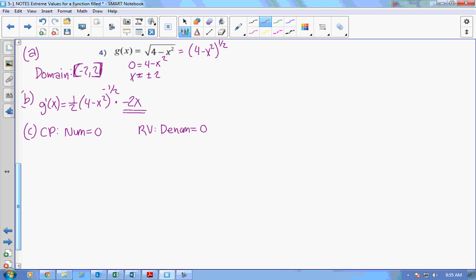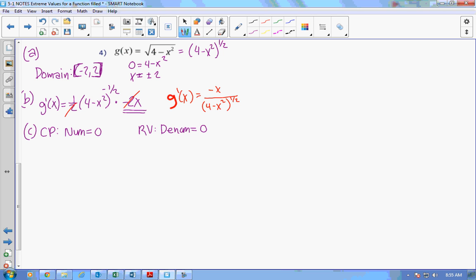Yeah. g prime of x equals, let's see. Actually, we can even cancel negative x over 4 minus x squared to the positive 1/2 if we move it down to the bottom. So we do have numerators and denominators.